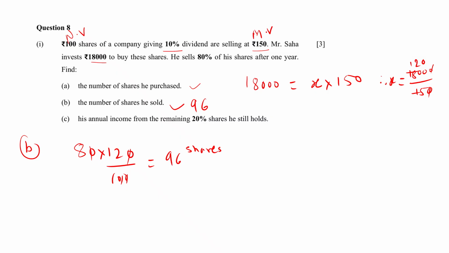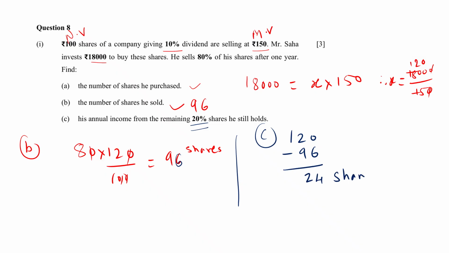Now the third, C part: find the annual income from the remaining 20% of his shares. So now 80% is 96 shares. So the remaining 20% shares will be 120 minus 96, that is 24 shares remaining.